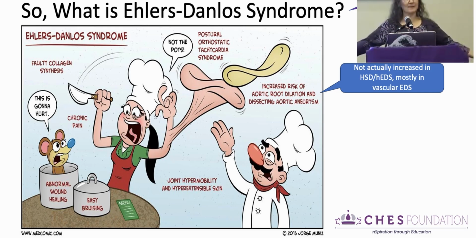That's what you can see. Sometimes stretchy skin, poor wound healing, chronic pain, and easy bruising, POTS, which I'll define in just a moment. The one thing over here on the right, the increased risk of aortic root dilation, so your aorta swelling and having an aneurysm, actually turns out to not be more common in most of the forms of EDS.